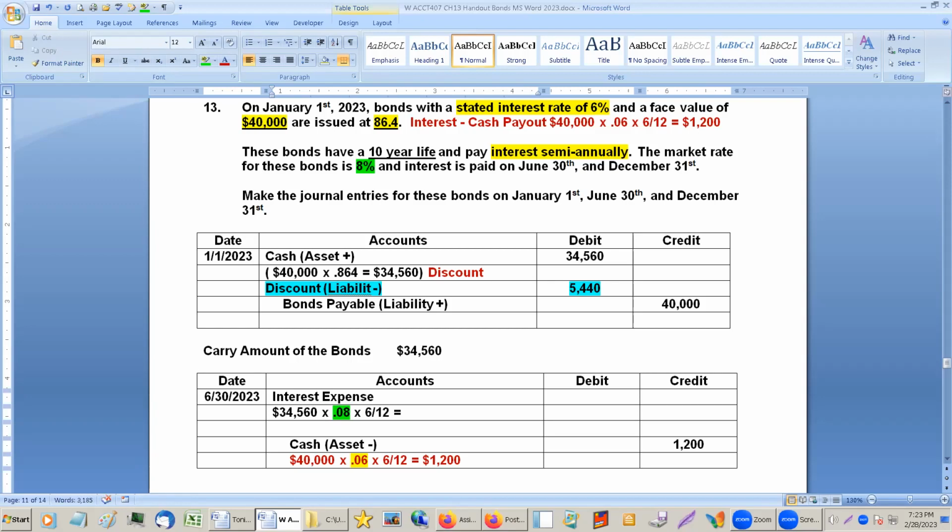That may not be a nice number. If you want to round this off to the nearest dollar, you can. I'm going to leave it at 40 cents, but you could round that off to the nearest dollar.